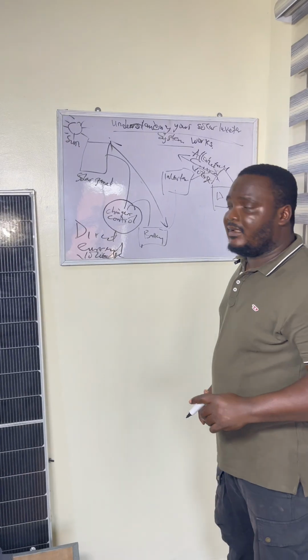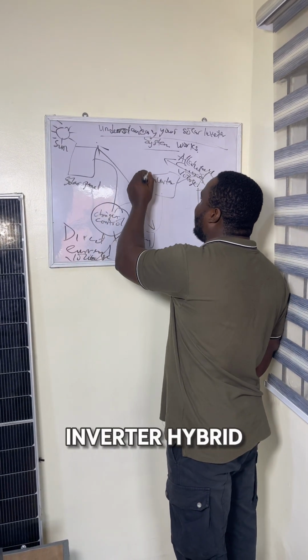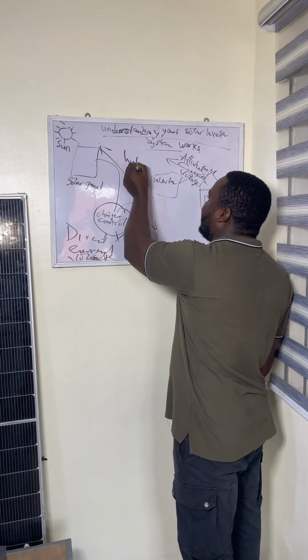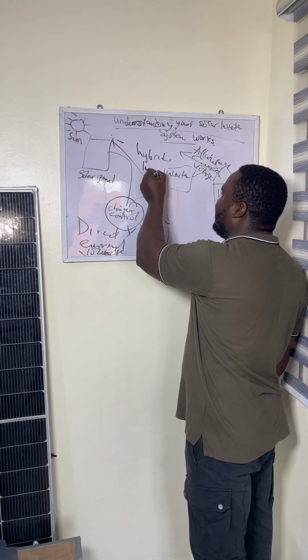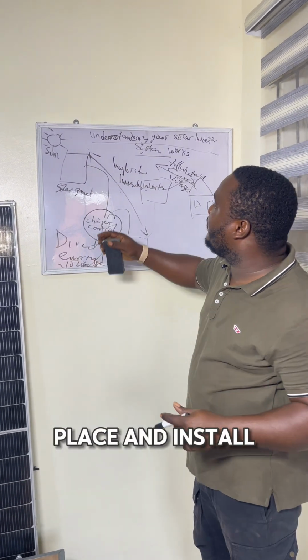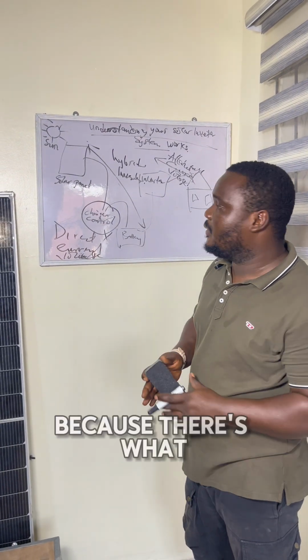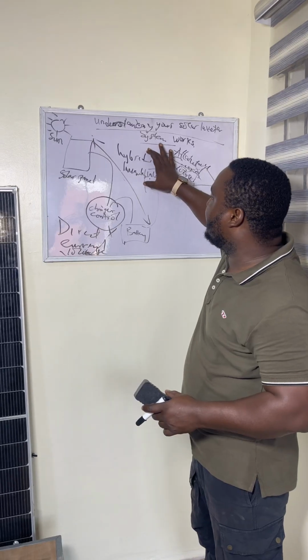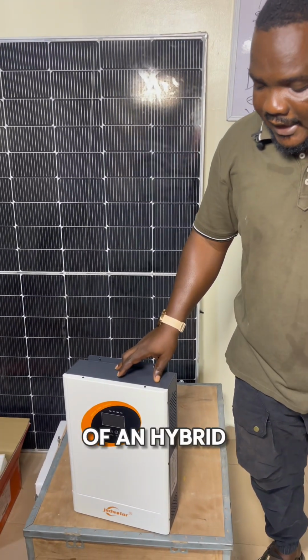These days, instead of using a charge controller, there's what they call a hybrid inverter. So when somebody comes to your place and installs a system without a charge controller, you don't need to be scared, because there's what we call a hybrid inverter. This is an example of a hybrid inverter.